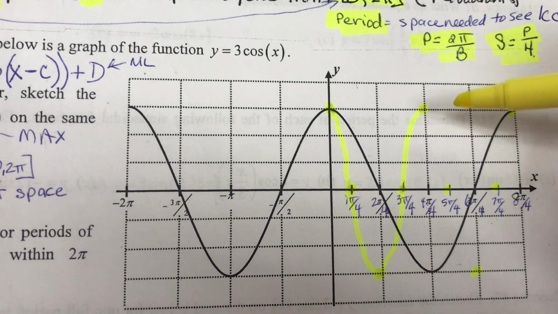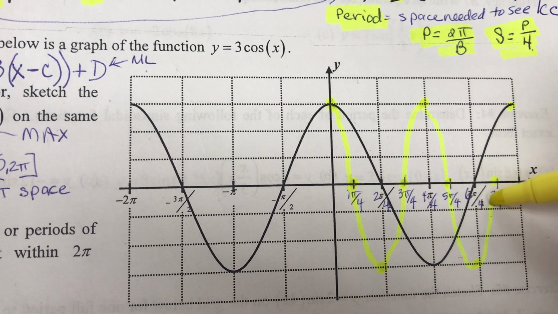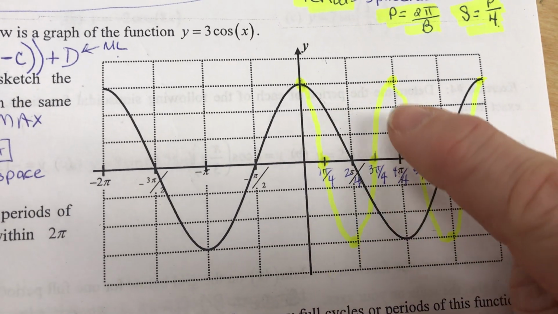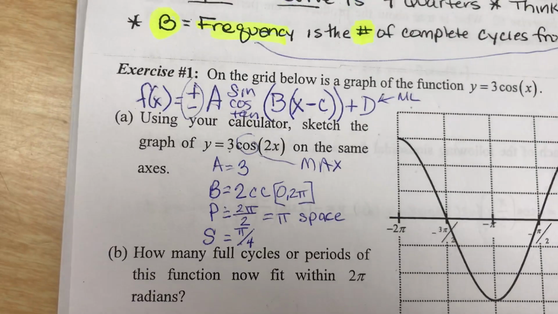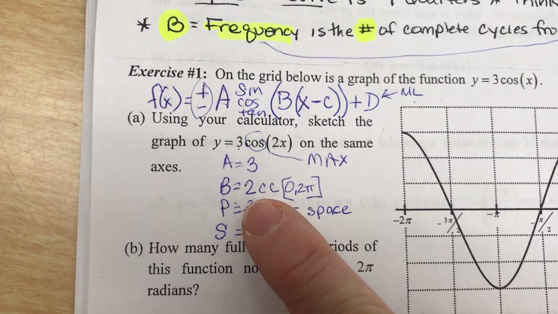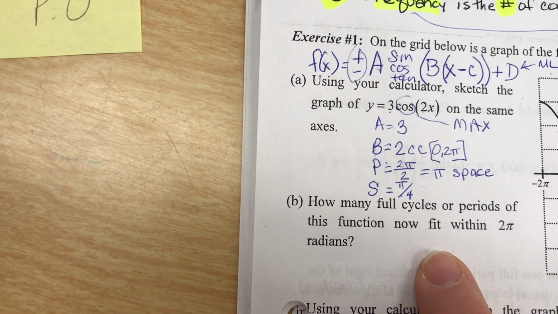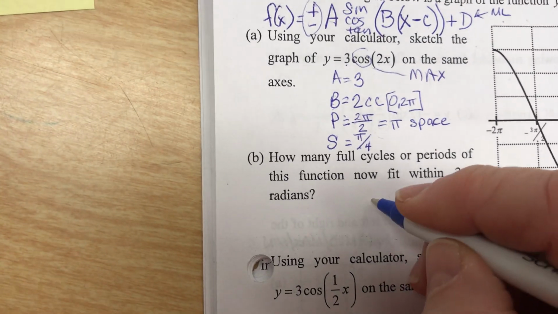So if I keep going, you see 2 complete curves by the time you got to 2 pi. Do you now understand why the B value was 2? Okay, so how many full cycles or periods of this function now fit? 2.